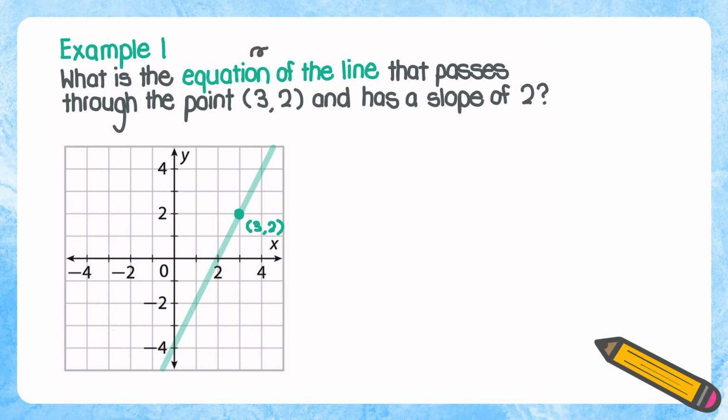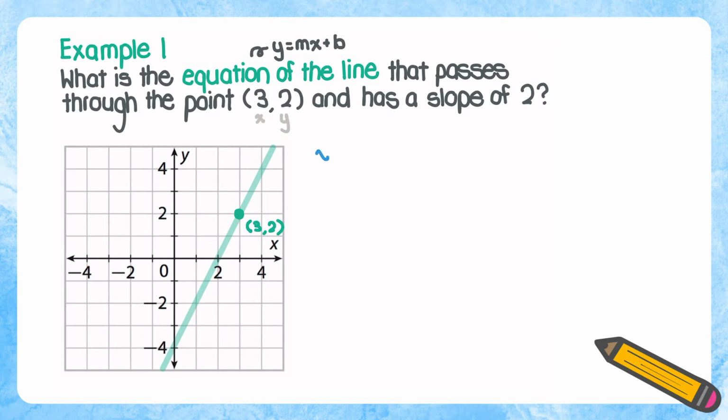Okay, so the equation of a line in slope-intercept form is y equals mx plus b. And what are we given here? What values are we given? This point here, (3, 2), gives us some sample x and y values.